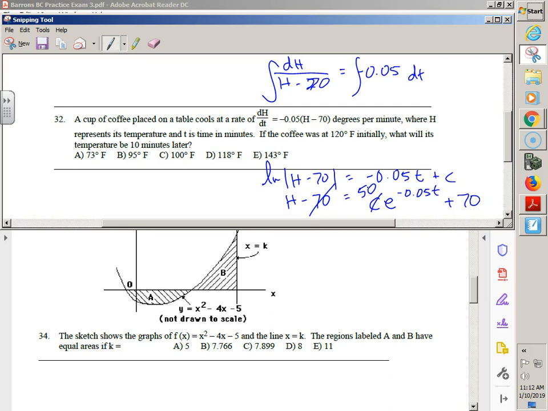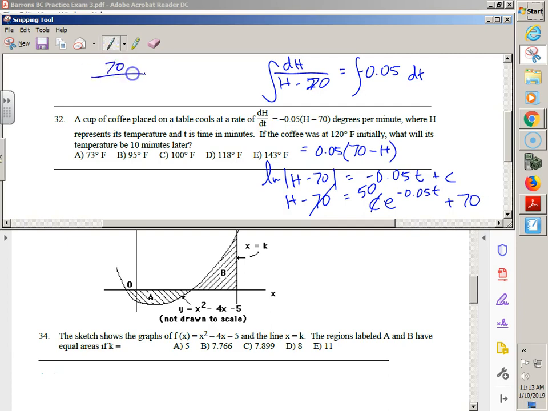No. I tried to do this integration by net change, but I couldn't figure out bounds. I think I would have pulled out the negative, right? Because then you would have had 0.05 and you would have had 70 minus H, which is what I want, because H is temperature.